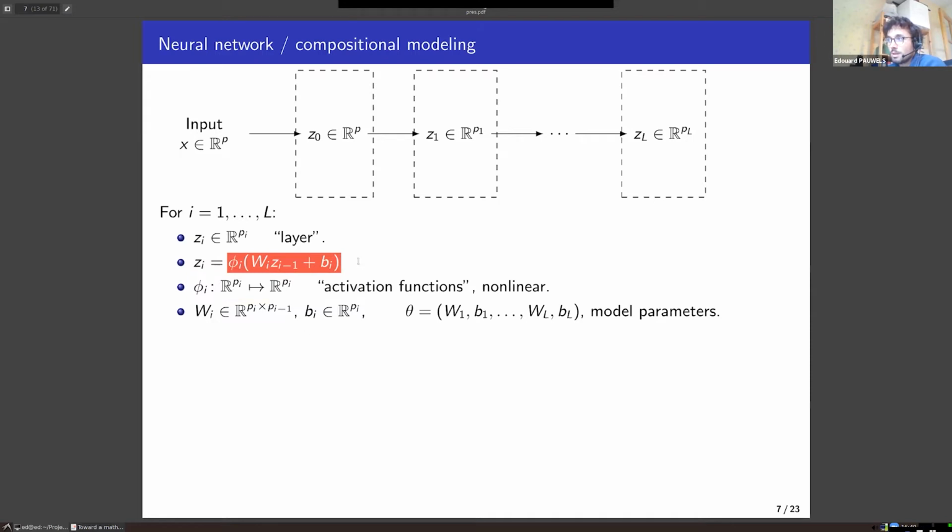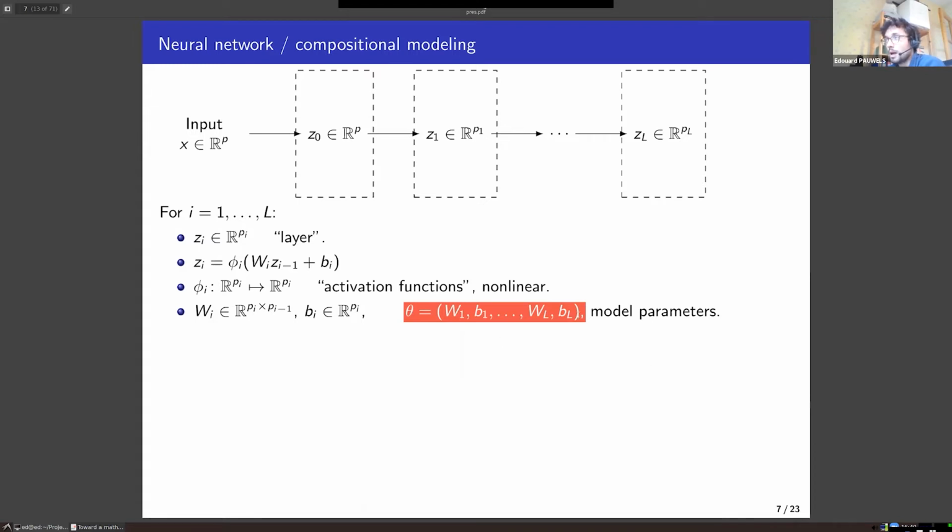It takes place as the composition of an affine transformation, where W and B are a matrix and a vector, so this is an affine map. It's a simple map, it's affine, which is composed with a nonlinear transformation. And this is potentially more complicated. This I will call the activation function. The set of W matrices and B vectors are concatenated into a parameter, which I call theta.